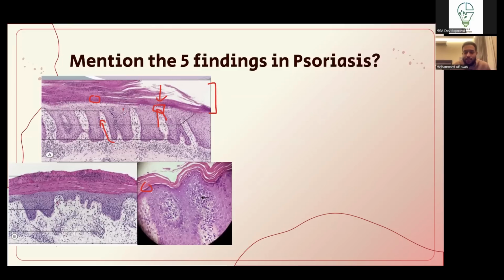Another thing is, what if you have projections of the epidermis into the dermis? What do we call this? The opposite way. You have dermal papilla here, then you have rete pegs here, or rete ridges. Now, you will have a collection of neutrophils in the stratum corneum. What do we call this?